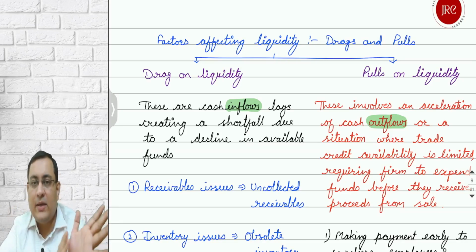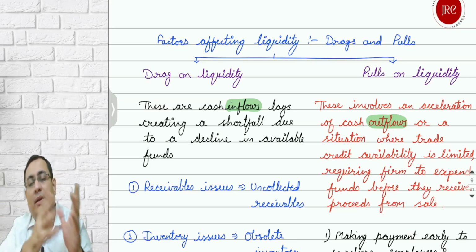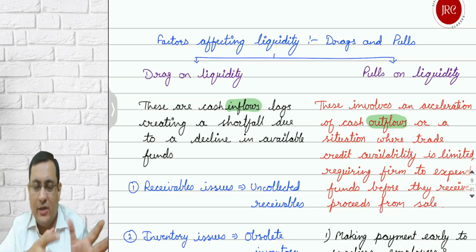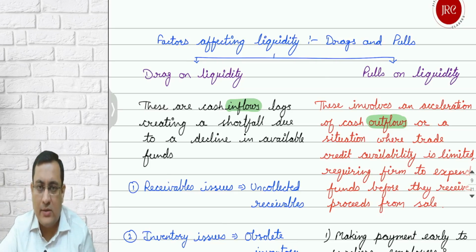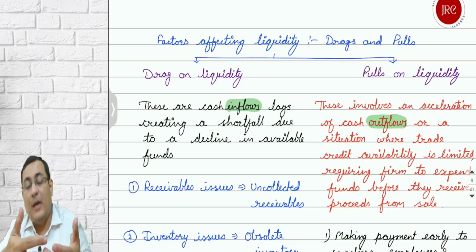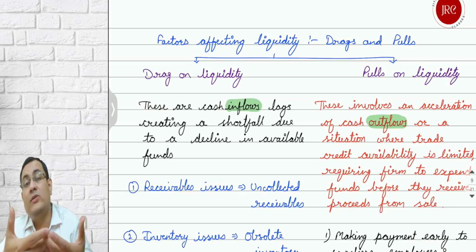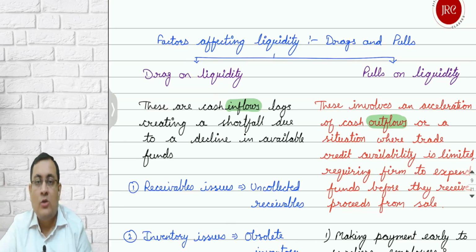You will increase liquidity, you will decrease liquidity. Now we understand liquidity means availability of our cash and cash equivalent and current assets to pay off our short-term liabilities. So few activities will increase the liquidity capability to pay, and few activities will decrease the liquidity capability to pay your short-term liability.